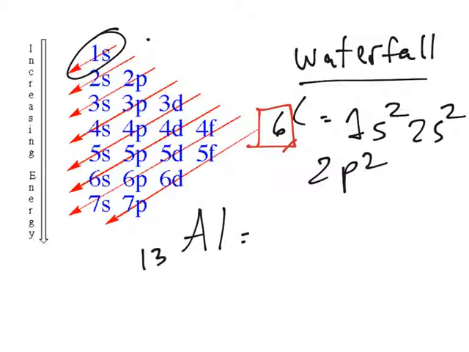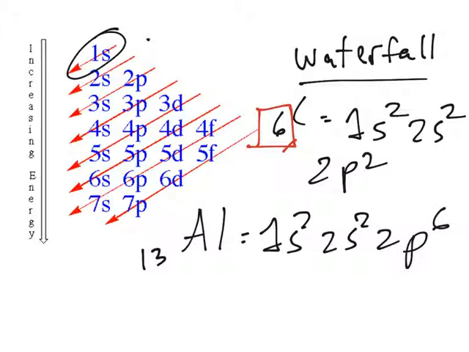It will be 1s2, 2s2, we got 4, 2p6, the maximum. Now we got 10, and then from 2p goes to 3s, 3s2. And finally 3p1. So we have 4, 10, 12, 13.